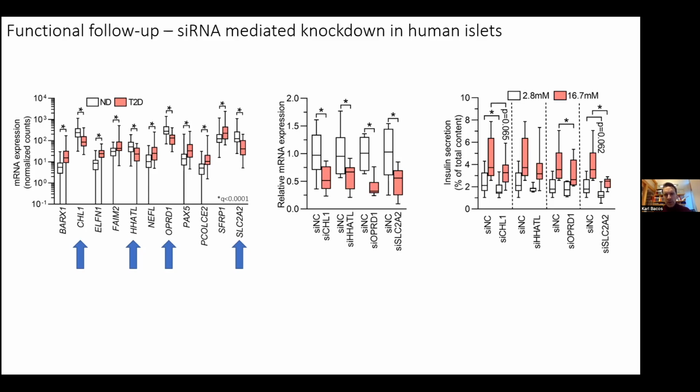And you can see that islets with knockdown of OPRD1 and SLC2A2 have reduced glucose-stimulated insulin secretion, so the pinkish bars. While islets with knockdown for CHL1 had reduced basal secretion, so secretion at 2.8 millimolar of glucose. So SLC2A2, the GLUT2, also has an effect in mature human beta cells, basically, is the main take-home message here.